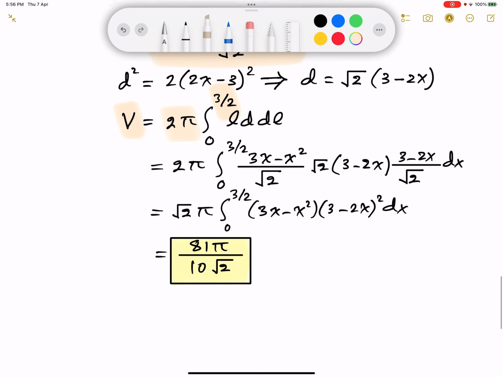So the volume is going to be equal to 2 pi multiplied by the integral from 0 to 3 by 2 of 3x minus x squared divided by the square root of 2, that is L, and d is basically the square root of 2 multiplied by 3 minus 2x, and then dl is this one here, related to dx. So the square root of 2 can cancel with each other, and then you're going to be left with this final formula here. If you do this integration, you're going to get the same exact result.